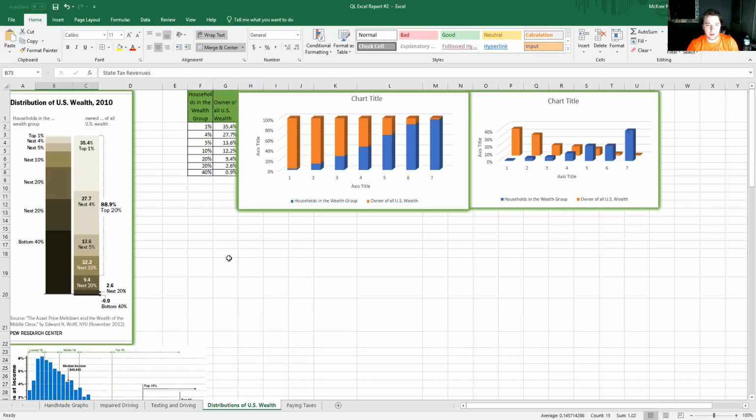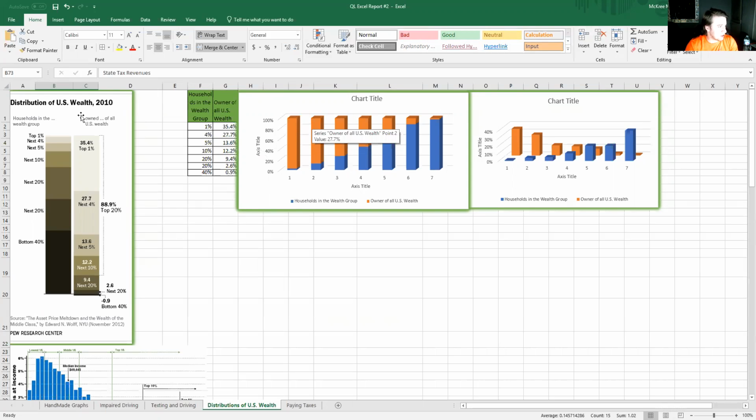This is just crazy: the top 1% of the wealth group here in the United States has 35.4% of all the money in the U.S. It's crazy to think that these elites have 35% of all the United States money, when down here at the bottom, 40% of the people have 0.9% of the United States money. To think that the top 1%, even the top 4%, 27.7%, have that much of the United States wealth.